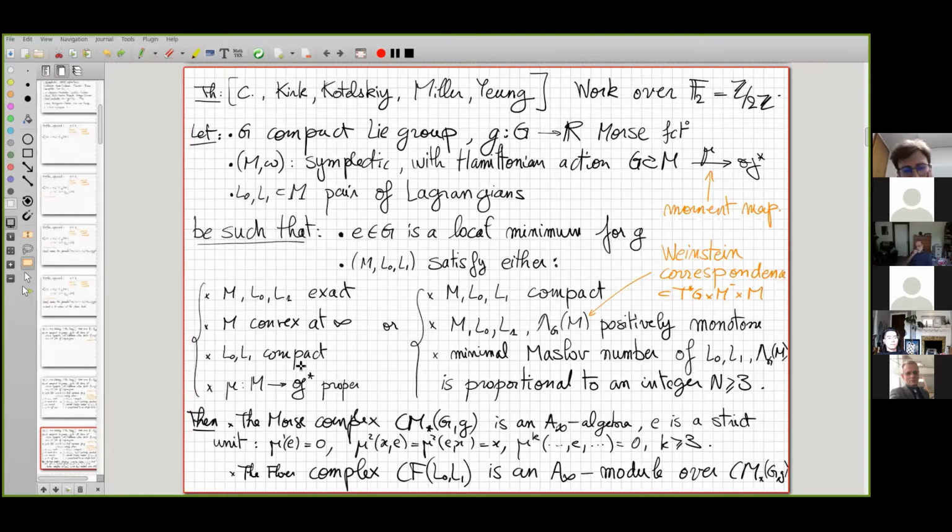That's the first part. And in this situation, the Floer complex of the two Lagrangians is an A-infinity module over this Morse complex with this given A-infinity algebra.